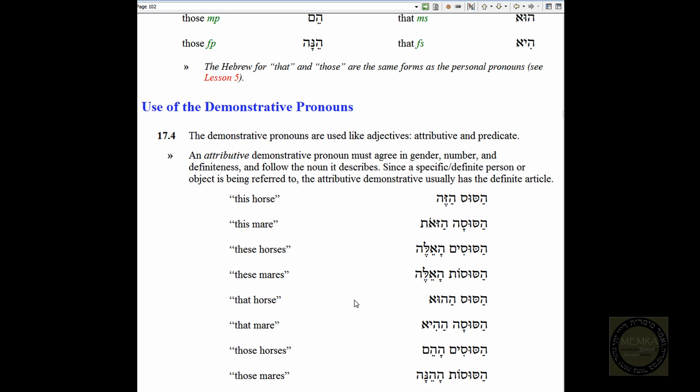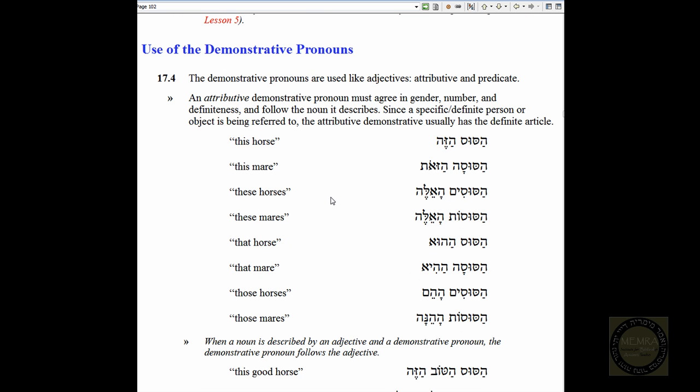Use of the demonstratives, this you want to pay attention to. Again, the above you won't have much trouble memorizing because there isn't much of it. This section 17.4 you really need to pay attention to because, and it's a good review, it's nothing new, demonstratives function sort of like adjectives, and so there's an attributive use and a predicative use.